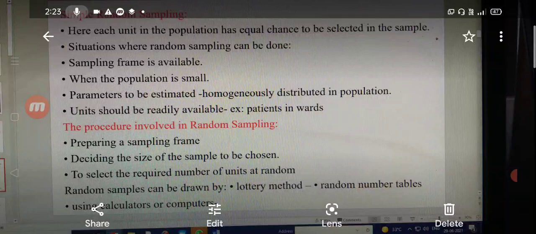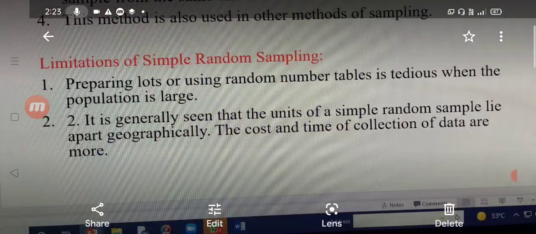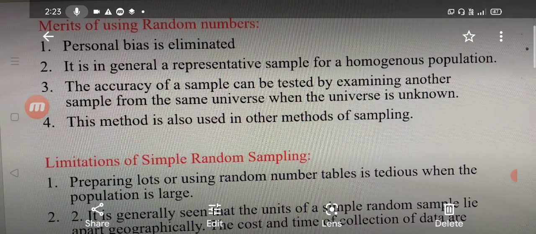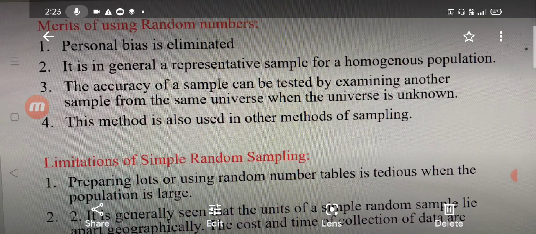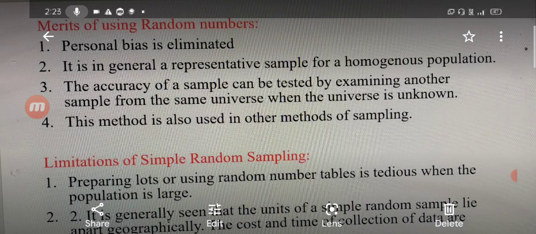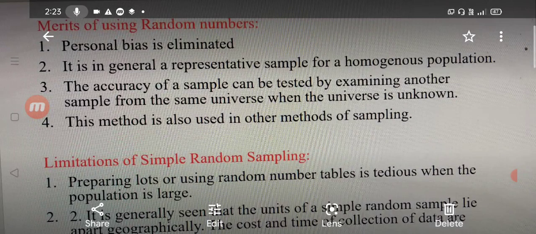Okay. And there are various merits of the simple random sampling. Here, personal bias is eliminated. A researcher cannot show any kind of bias towards the respondents. He is selecting each and every 10th member from the list of 100.